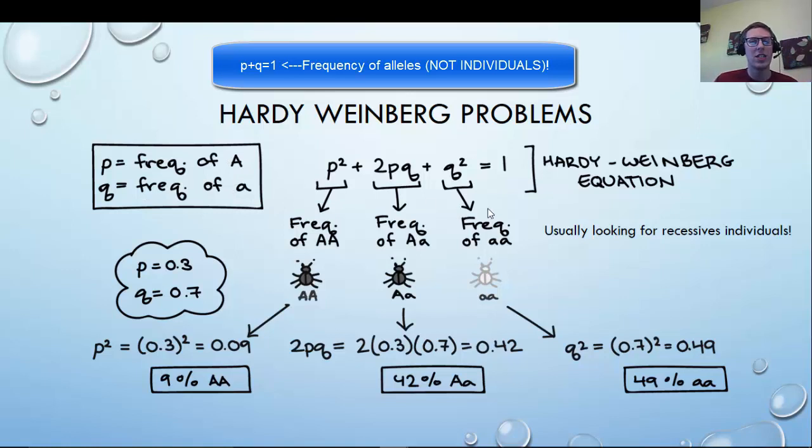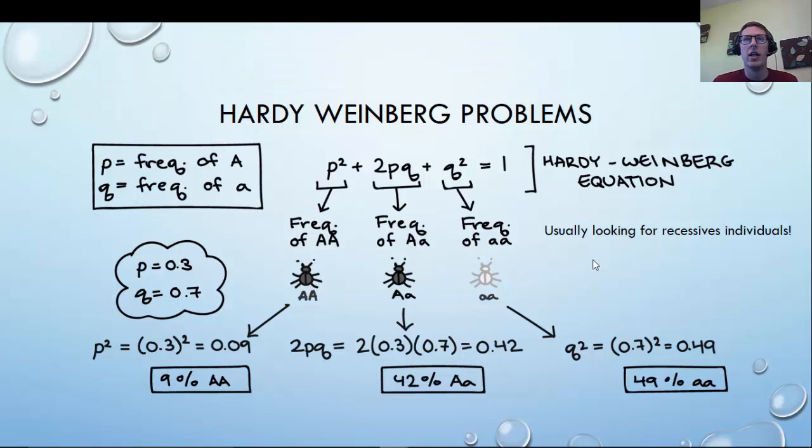But most of the time, if they give you the recessive individuals, like non-tasters, which is often a recessive trait, you need to set that frequency, which you find by adding things together and dividing by the total, to Q squared.